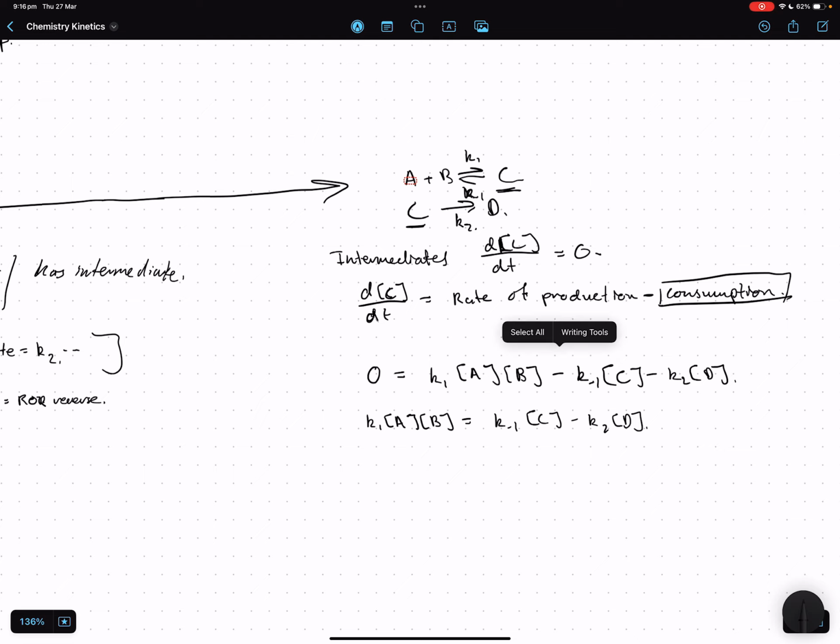So essentially this is C, because it's consumed in the same way. So k1[A][B] equals, let's do a little bit of maths, (k-1 plus k2)[C].